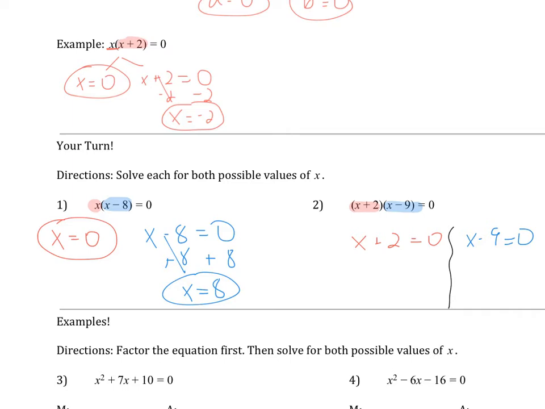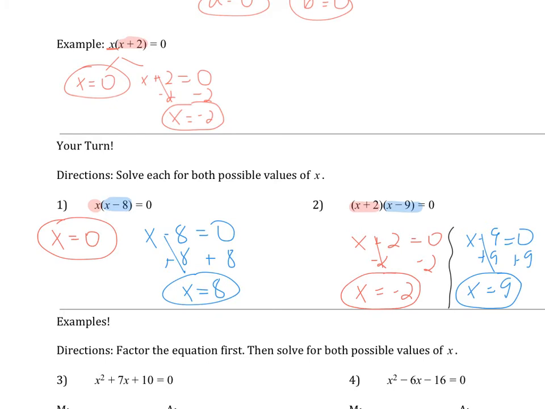So in the first one, I would just subtract 2 from both sides. So I would get x is equal to negative 2. So one of my answers would be x equals negative 2. If I solve the second one, I would have to add 9 to both sides. So I would get x is equal to positive 9. So in number 2, my two answers would be x equals negative 2 or x equals positive 9.